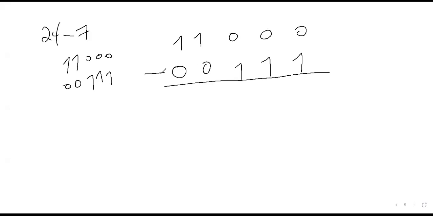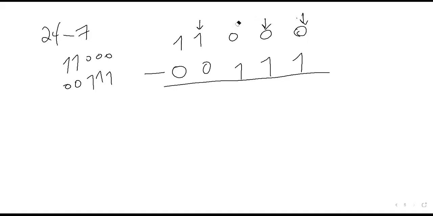We said 0 minus 1, it can't. We have to borrow from the first column. This is the first column here. 0 minus 1, it can't. We have to borrow. If you want to borrow from 0 here, we cannot. There is nothing. We cannot borrow. We move on to the next column. We cannot borrow from that 0 again, but we can borrow from this 1.